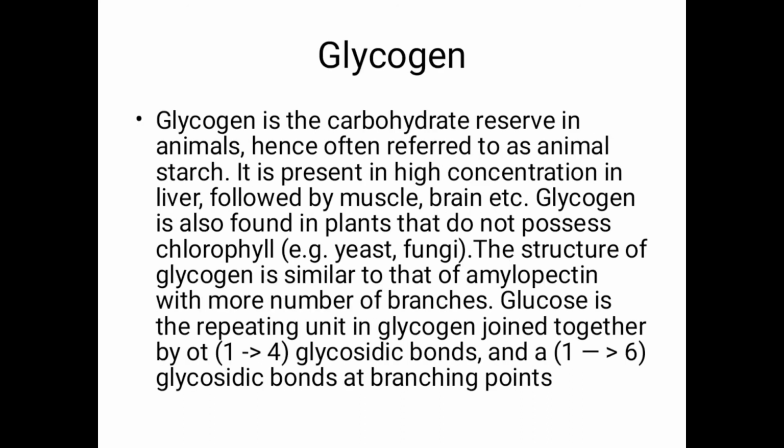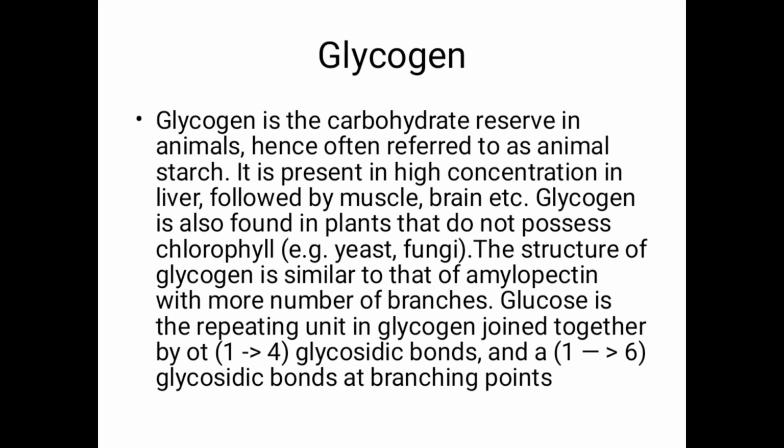Let us discuss the next one, that is glycogen. Glycogen is the carbohydrate reserve in animals, hence often referred to as animal starch. It is present in high concentration in liver, followed by muscle, brain, etc. It is also found in plants that do not possess chlorophyll, for example yeast and fungi.